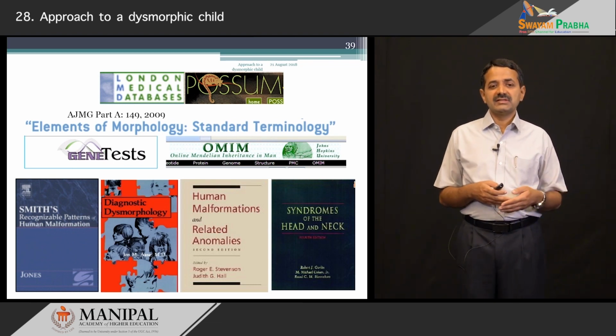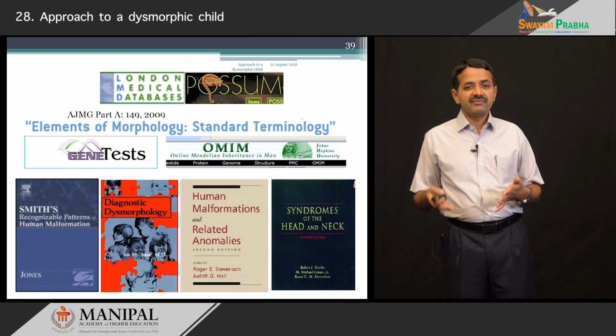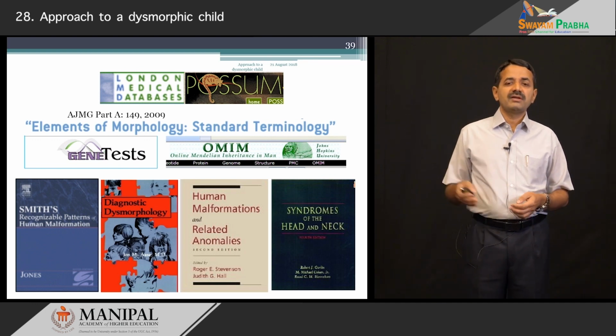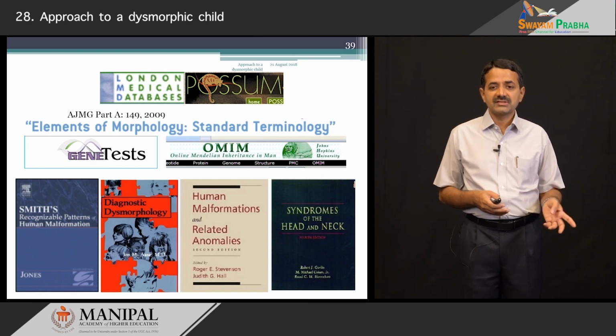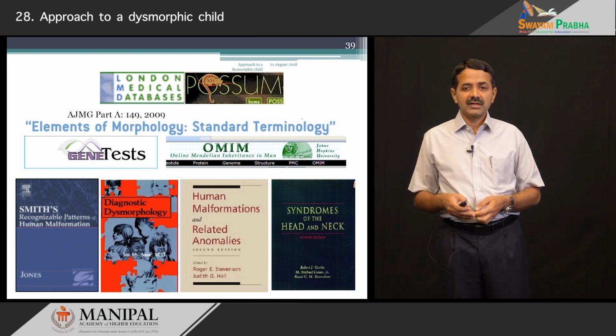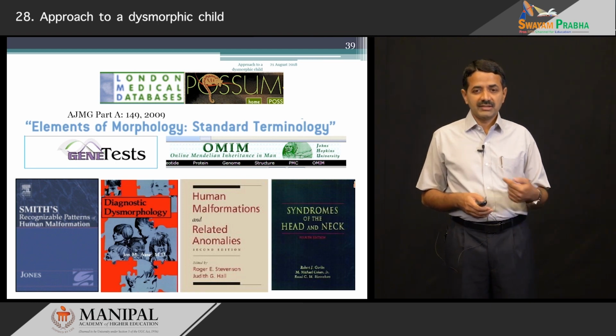We have standard books like Smith's Recognizable Patterns of Human Malformation, Diagnostic Dysmorphology, which defines the terms, Human Malformations and Related Disorders by Judith Hall and Roger Stevenson, and Syndromes of the Head and Neck by Bob Gorlin and Raoul Hennekam and other people.